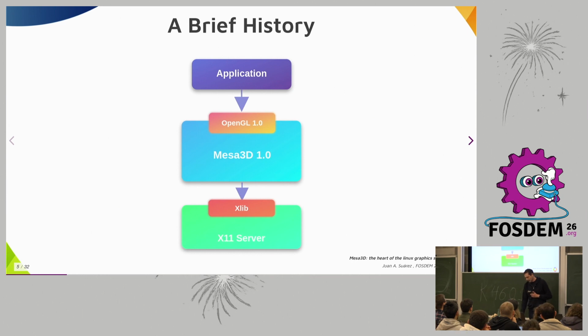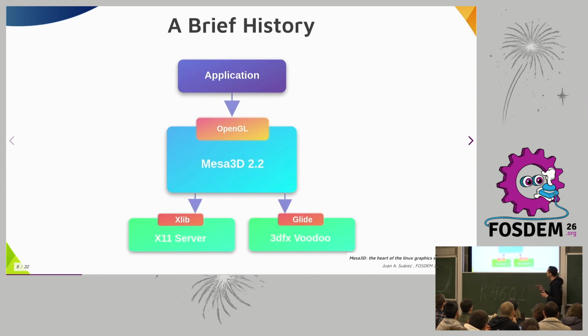Then, in 1996 or 1997, I don't know exactly the year, the first GPU card intended for the consumer market appeared. It was the 3DFX Voodoo. It wasn't using OpenGL, but a proprietary library called Glide.